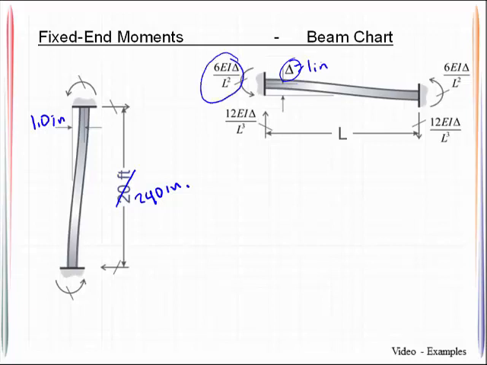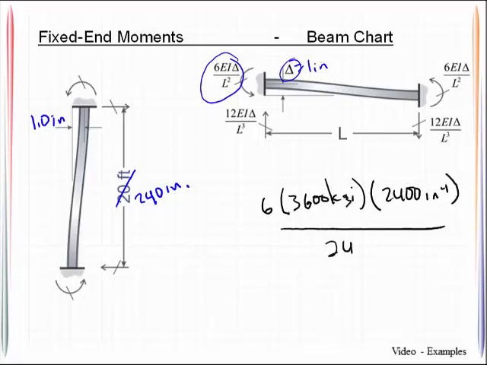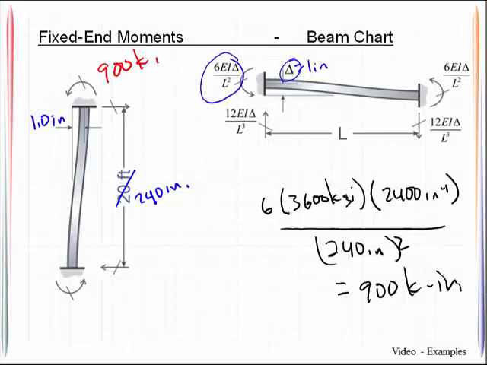And then the moments are found as 6EI delta over L squared, so let's get that written down. 6EI, 2400 inches to the fourth, over L squared, 240 inches, and that will be equal to 900 kip inches. So I now know what the fixed end moments are here and here.